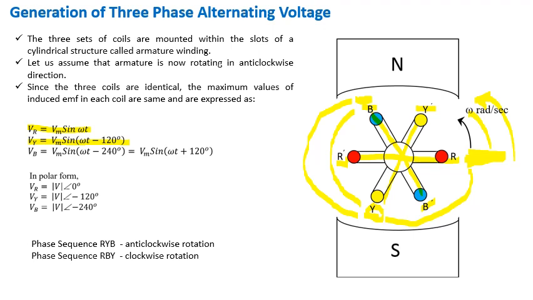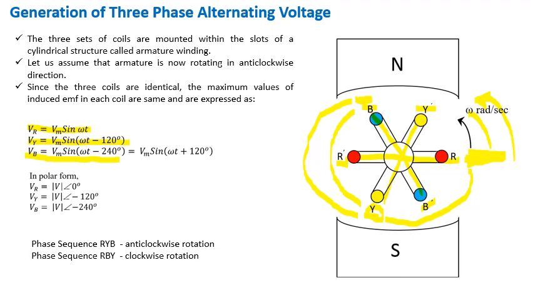Thereafter, with a delay of 120 degrees electrical, the Y phase voltage is going to be maximum. Thereafter, with a delay of 120 degrees, the B phase voltage is going to be maximum. Therefore, the B phase voltage can be represented using this equation, Vm sin omega t minus 240 degrees, or alternatively expressed as Vm sin omega t plus 120 degrees.